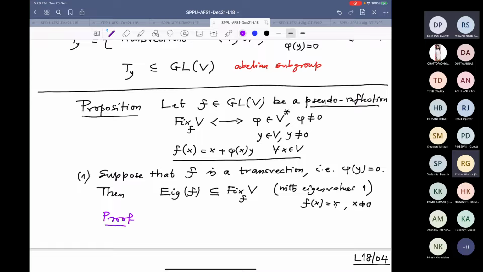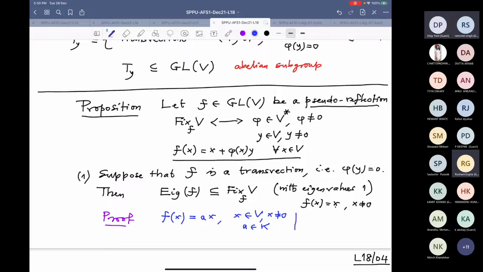What does that mean? That means you have to prove that if f of x equals some a times x, x is non-zero, and a is in K, then the only possibility is a equals 1.